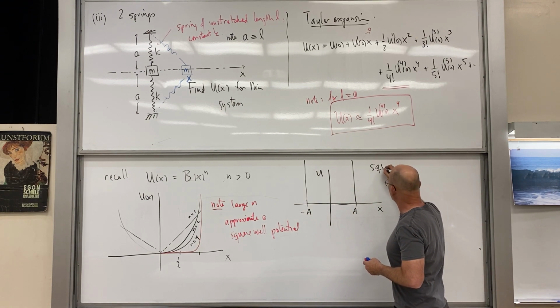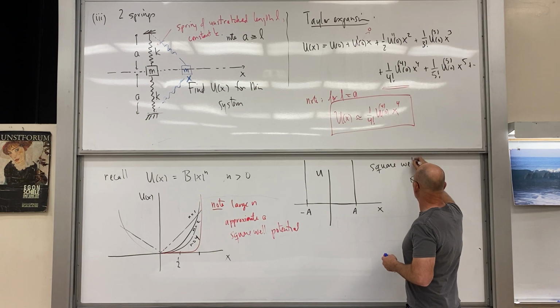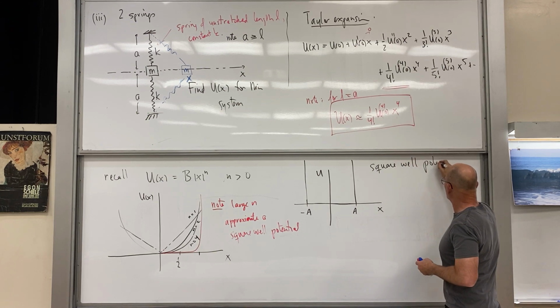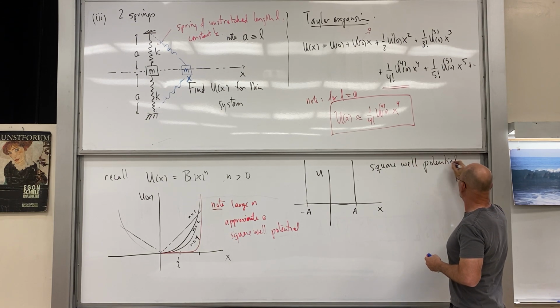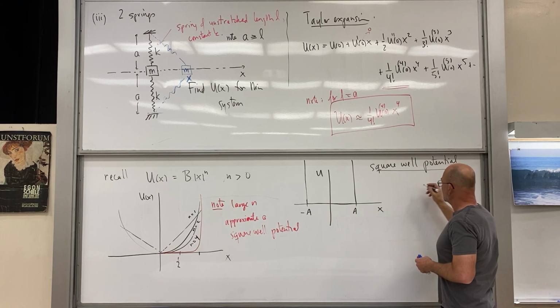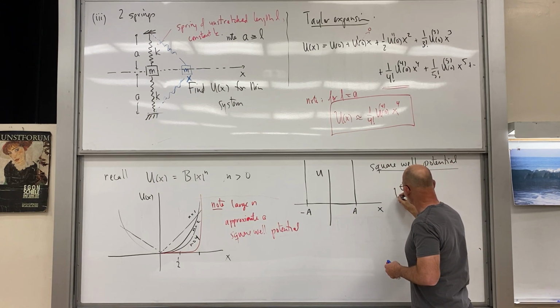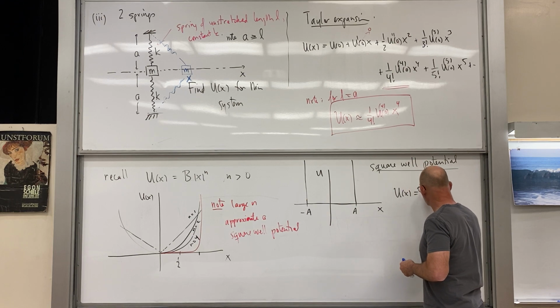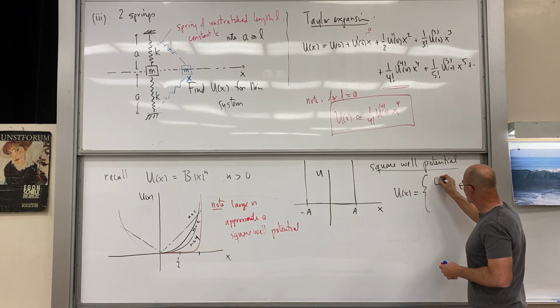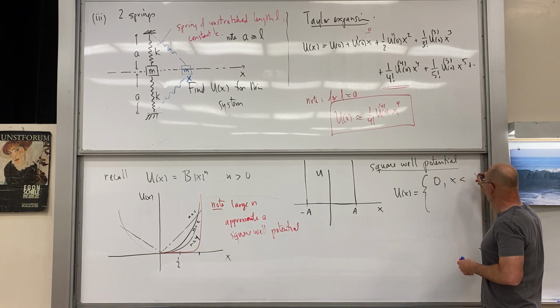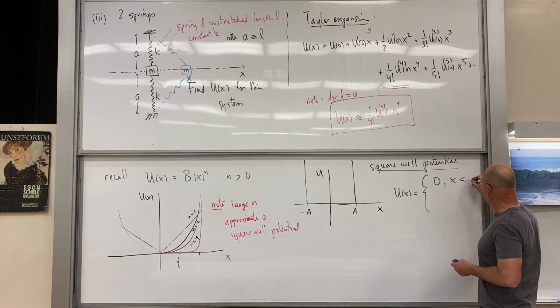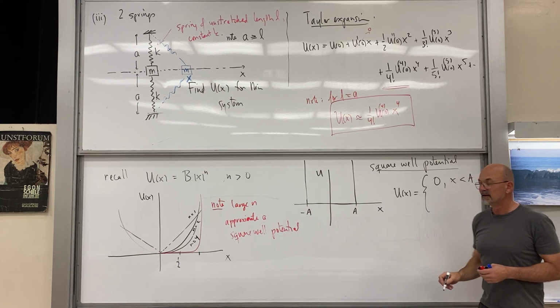So square well potential. You often write it this way. You say u of x equals 0 for x less than, say, a. Okay.